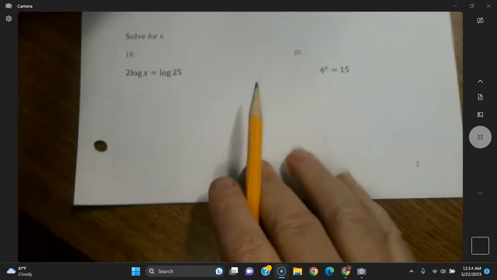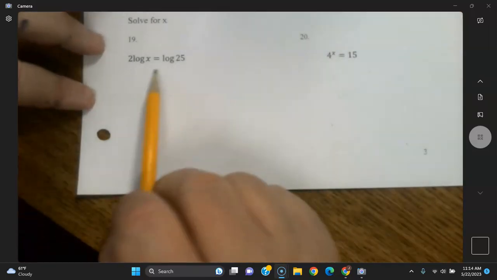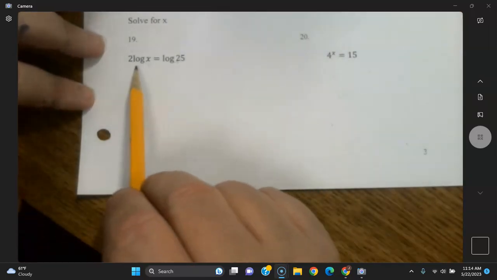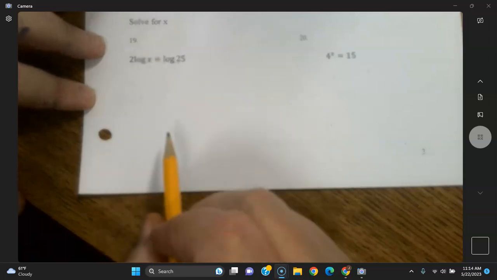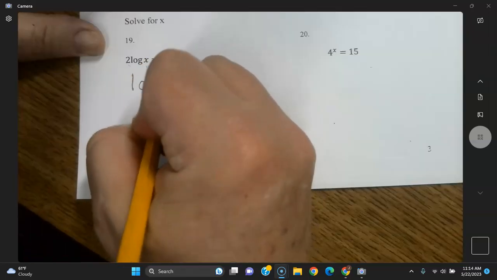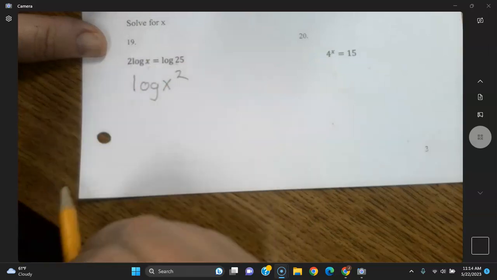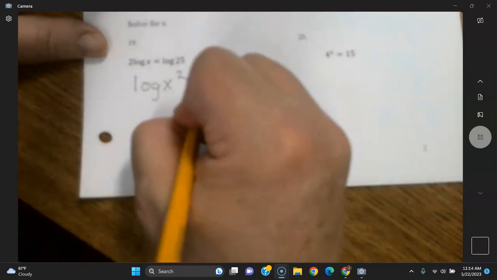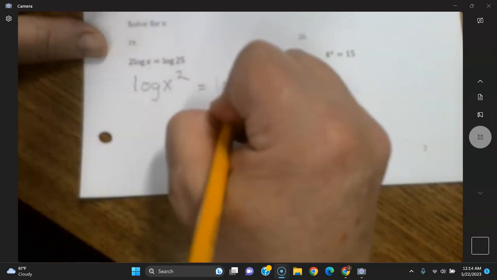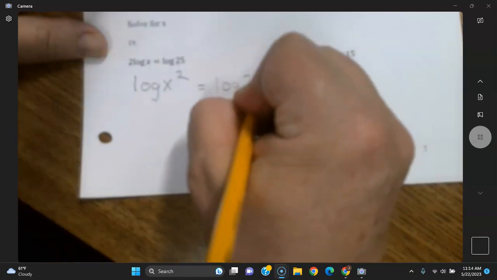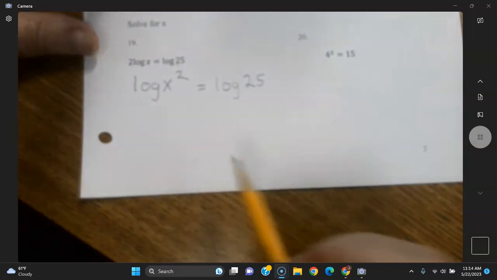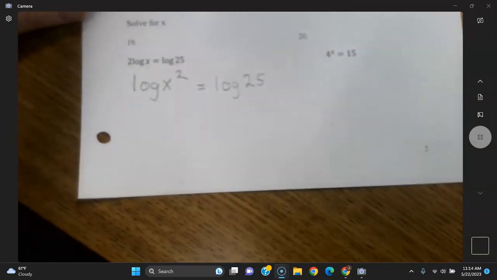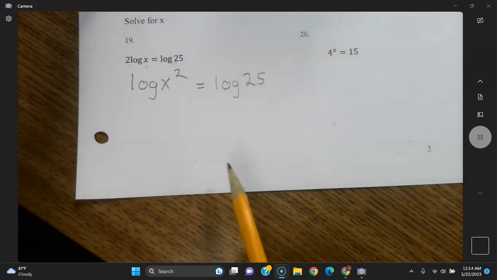All right, keep going. Number 19. Okay, so what we do is put this back in the exponent. X squared, I just put that back up in the exponent. That's rule number 8 again. Equals log 25. Now, it should become apparent to you that you don't have to use the inverse here directly.